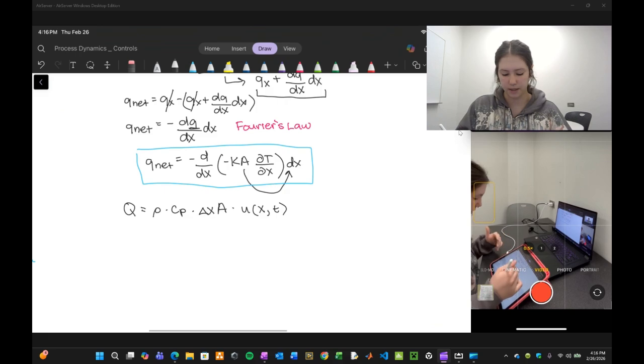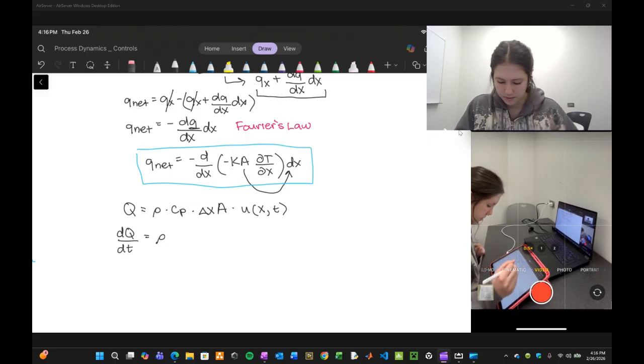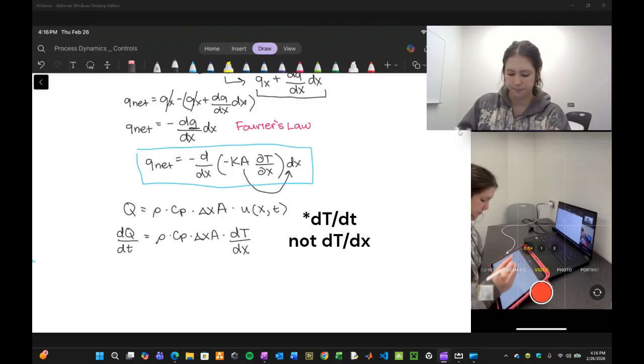So if we take the derivative of this equation, we get dQ over dt to equal our density times our heat capacity times this term here, and then multiplied by our change in temperature with respect to position.